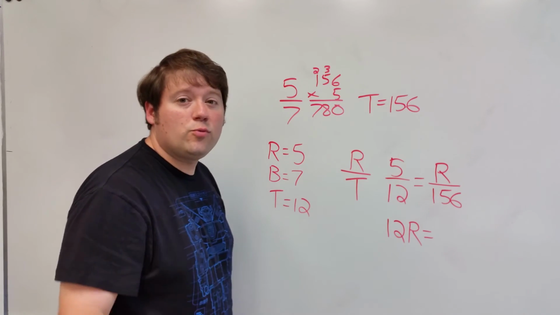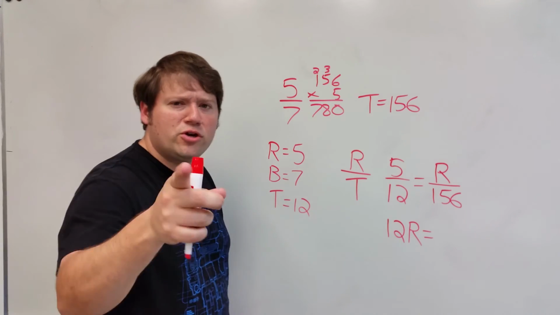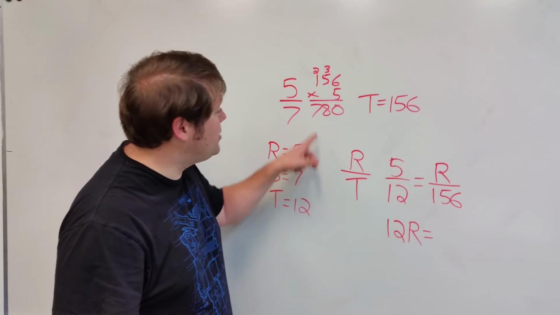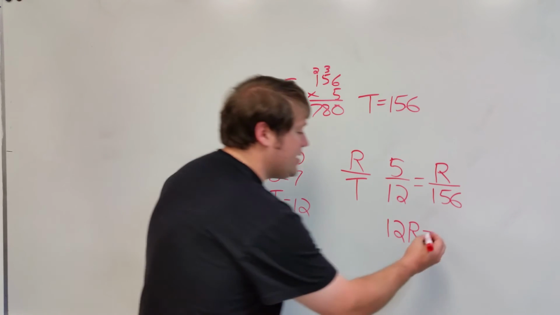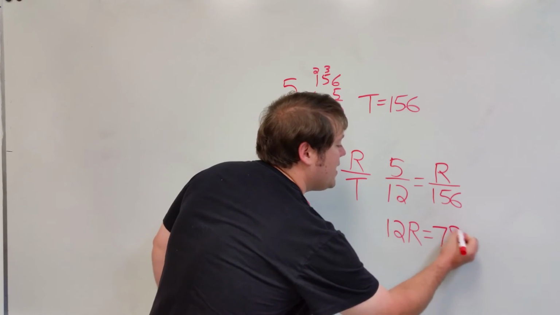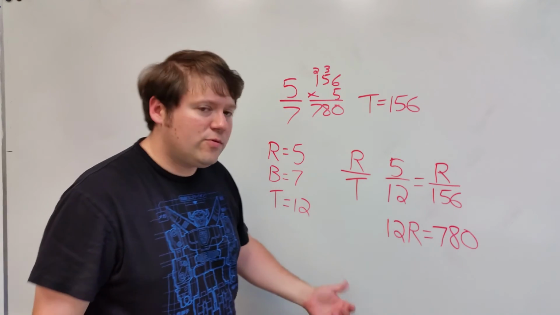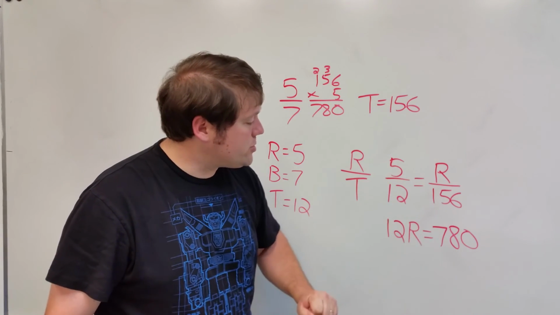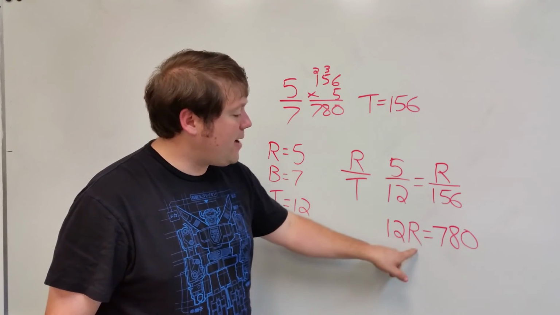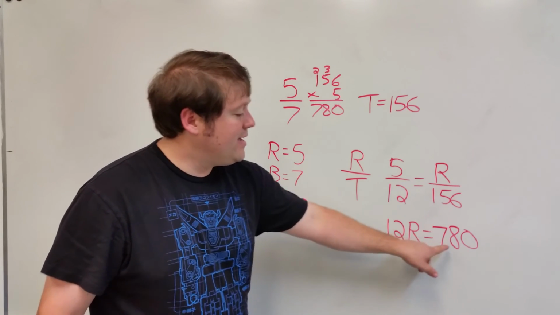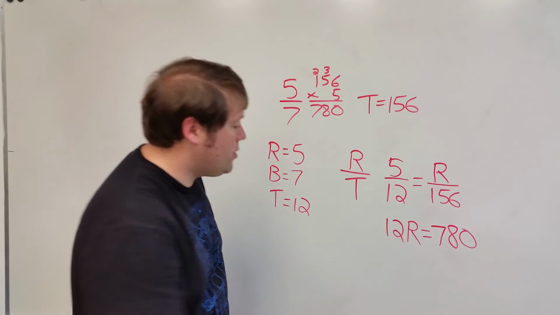By the way, if you know your 156 times tables, good on you. I'm proud of you. I don't know. But now I have 780. So I get 12R equals 780. Remember, it's a proportion, so we just cross multiplied it. And now to get my answer, I simply divide 780 by 12.